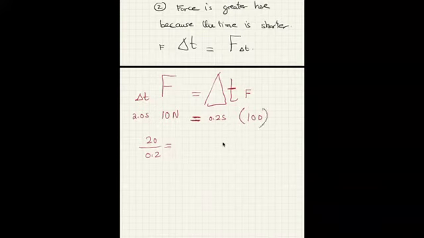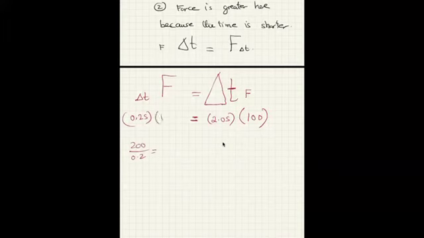I'm sorry, I reversed the times. Here is the short time, here is the long time, which is, let's say, 2 seconds. And then I will assume here I have 0.2 seconds, so this is the very short time. Then this is 200 divided by 0.2.